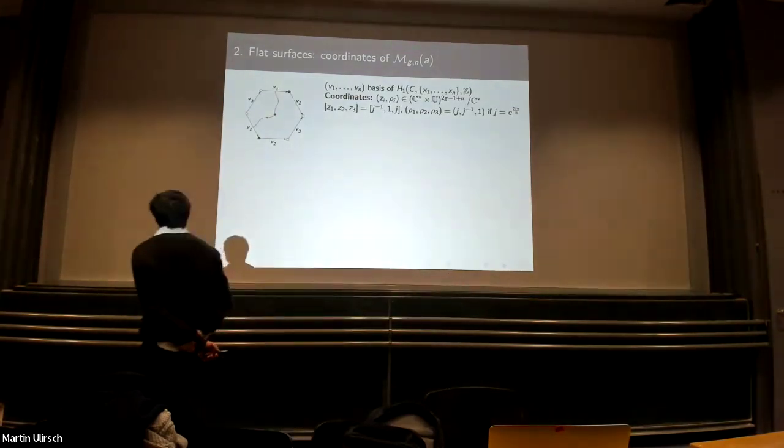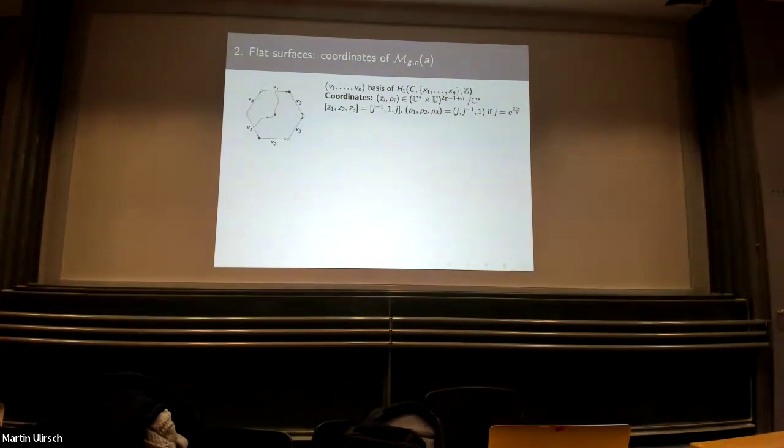I define it by taking the holonomy along any path that crosses the edge, and you take the direction of the holonomy. You mean it's not smooth? Yeah, indeed. My drawing does not show it.